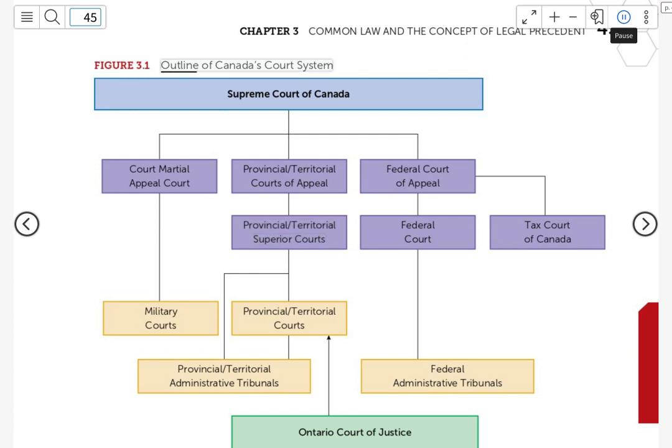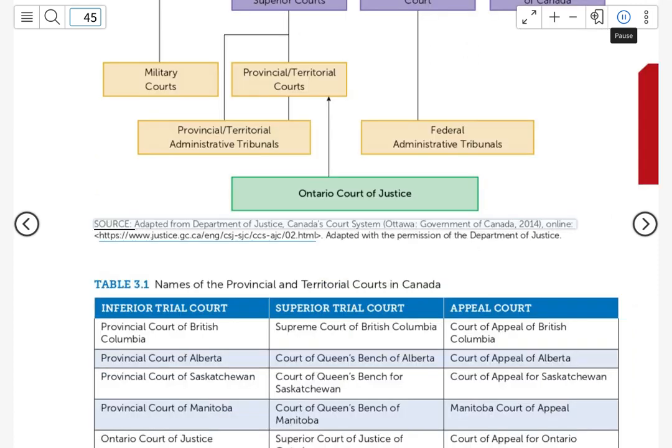Figure 3.1 Outline of Canada's Court System. Source adapted from Department of Justice, Canada's Court System, Ottawa, Government of Canada, 2014, online, https://www.justice.gc.ca/eng/csj-ccs-h/o2.html. Adapted with the permission of the Department.